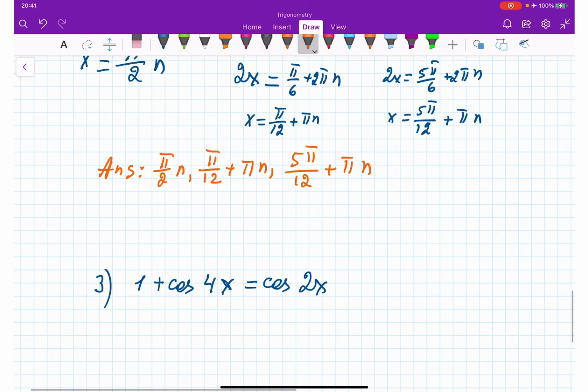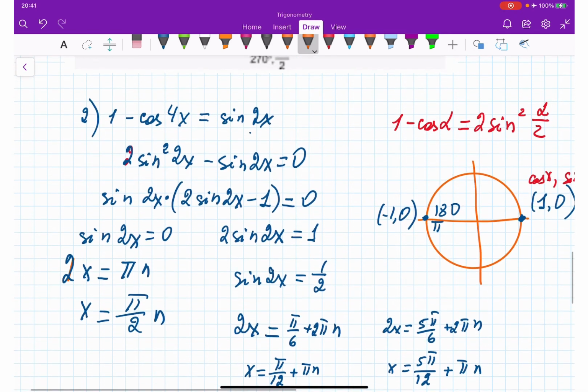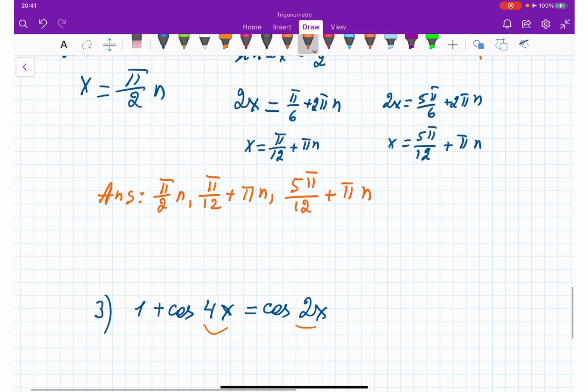All right. And moving lastly to the third one. So 1 plus cosine 4x is equal cosine 2x. We already know how to reduce, right? 4x, bring to the level of 2x. And that is going to be this formula. 1 plus cosine alpha is equal to 2 cosine squared alpha half.